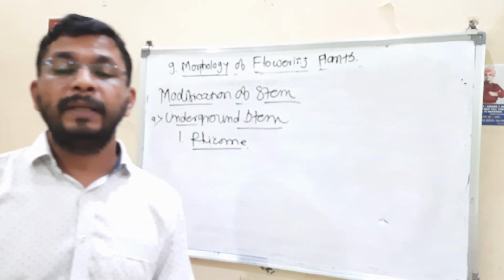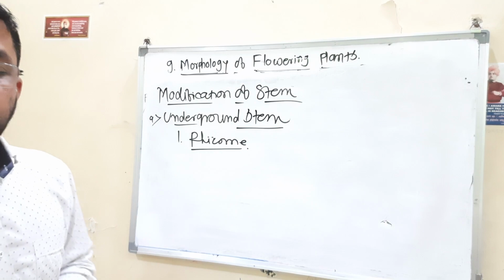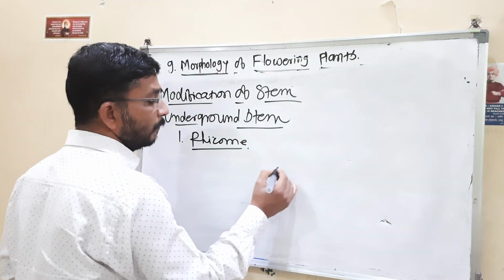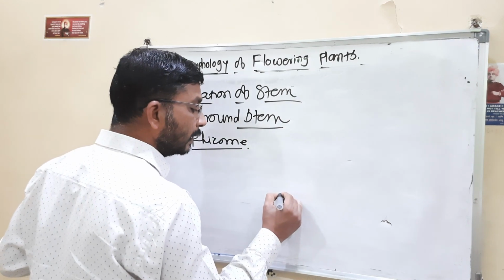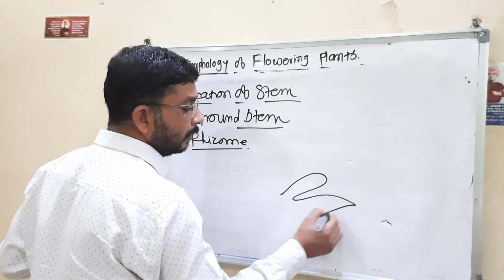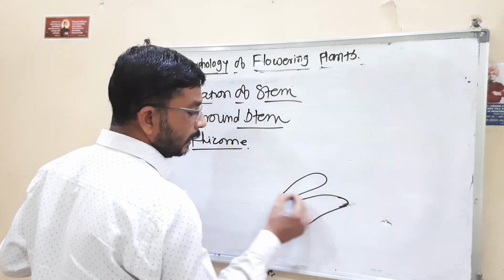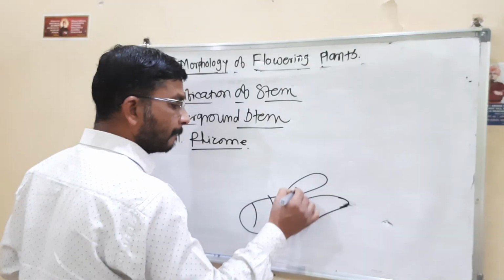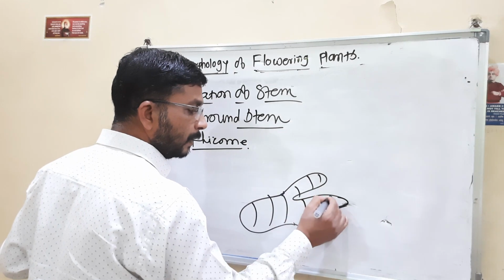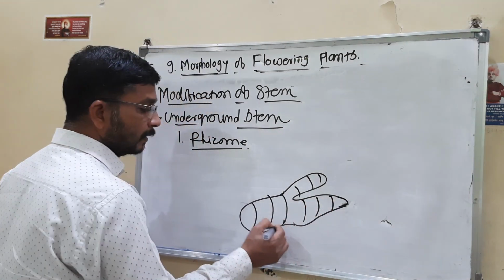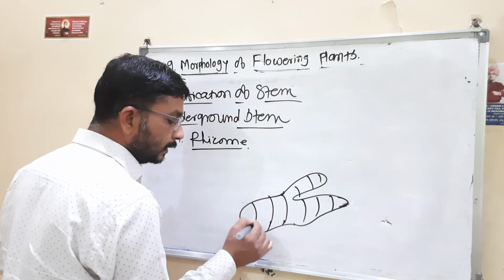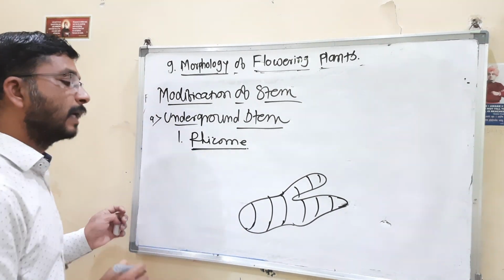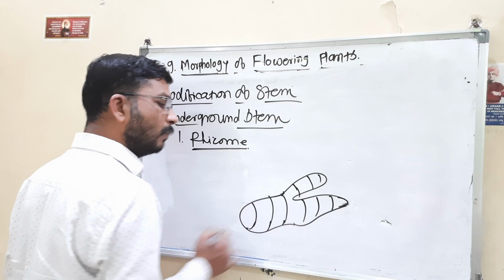What we have is the rhizome. The best example of this underground stem, the rhizome, is ginger. I previously told you that ginger, the rhizome, is an underground modification.